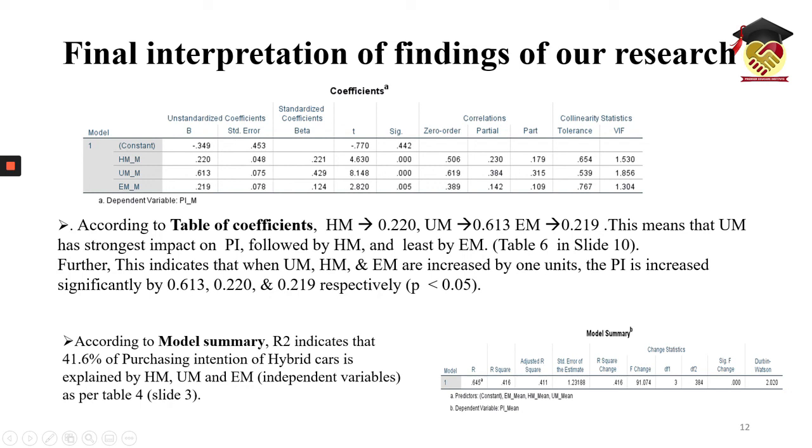This 0.613 means when you increase by 1 unit, the PI, your dependent variable, is increased by 0.613.